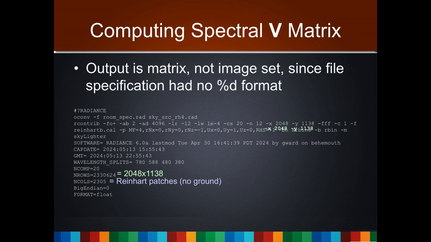So that corresponds to 1 row per pixel. And then the number of columns is 2305. That corresponds to the sky patches minus the ground patch for Reinhart sky, because we just had the opening in the ceiling. We didn't bother with the ground. Normally you would have a separate ground, which would be a single coefficient. And then format is float.